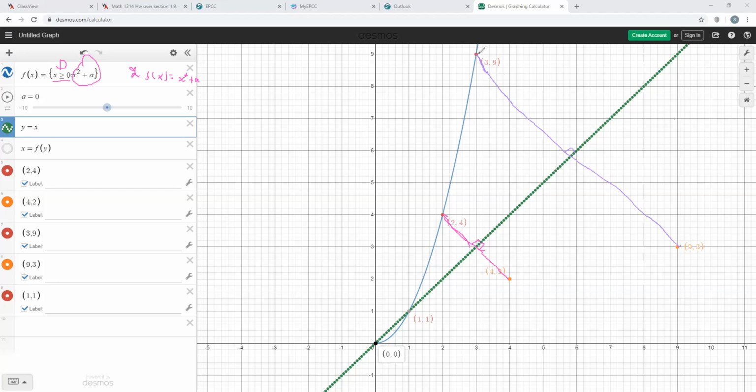So if we draw a line segment from point 3, 9 to this green line, and we draw it so it's perpendicular to the green line, then when you reflect this point over this green line, it'll land right here. Or another way of saying it is this distance from here to here is congruent from here to here.